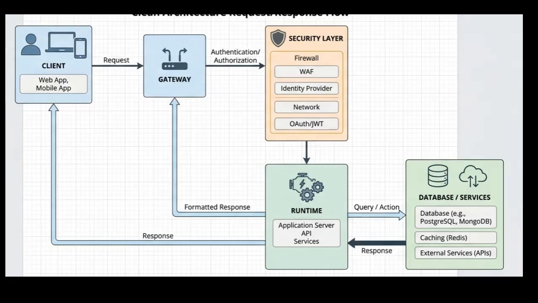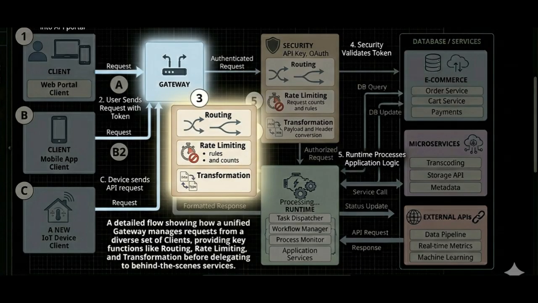Now let's zoom into the gateway. The gateway is the entry point of the system. Every request from the client, whether it's a mobile app, web app, or another service, must pass through the gateway first. Think of the gateway like a security gate at an airport.